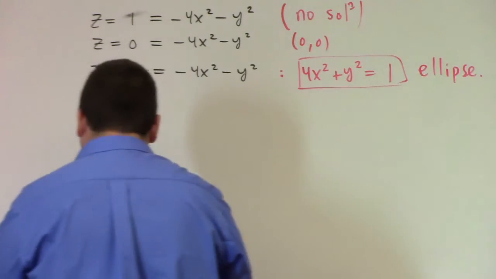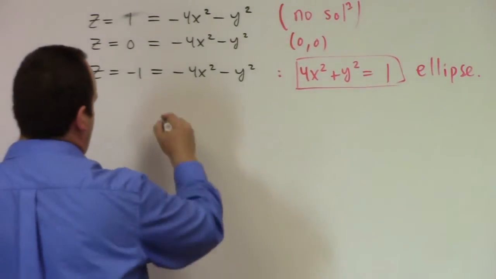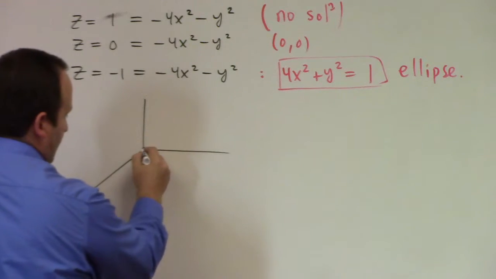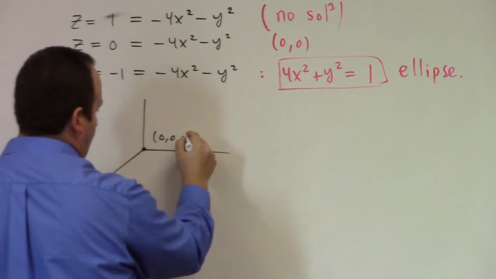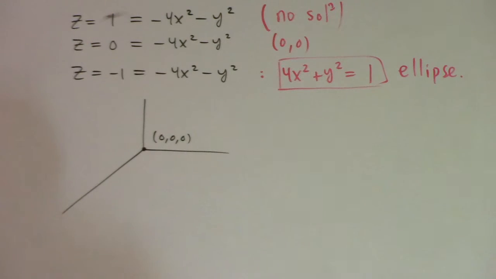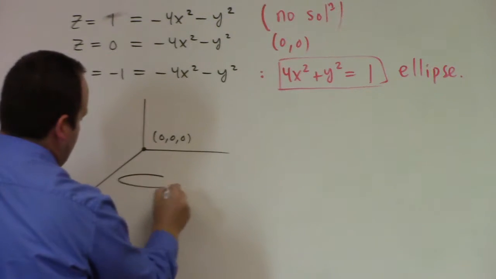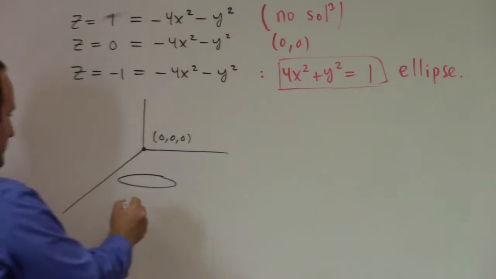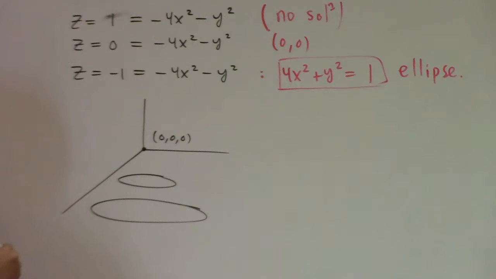So if you're trying to graph this, you've got the point at the origin, 0, 0, 0. You've got nothing when z is positive. When you get to z equals -1, you've got some ellipse, and if you keep going down, you've got ellipses.